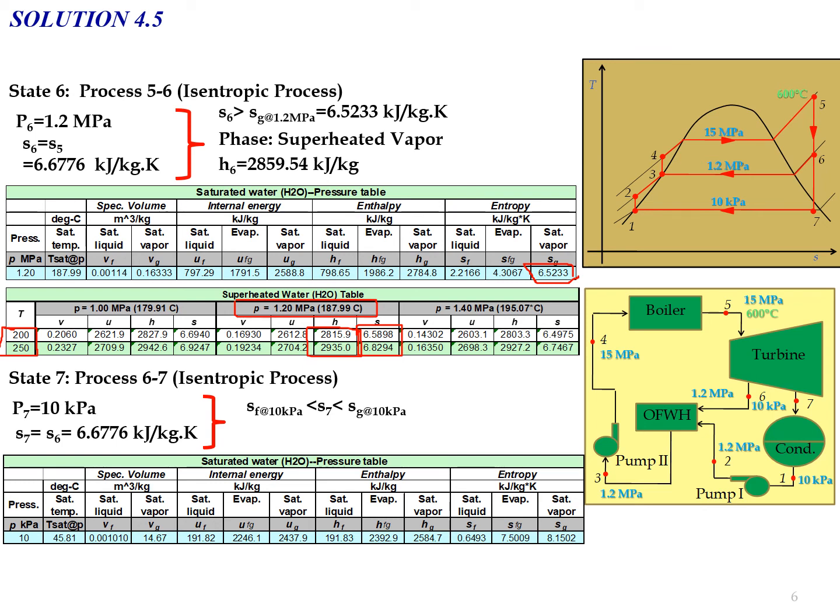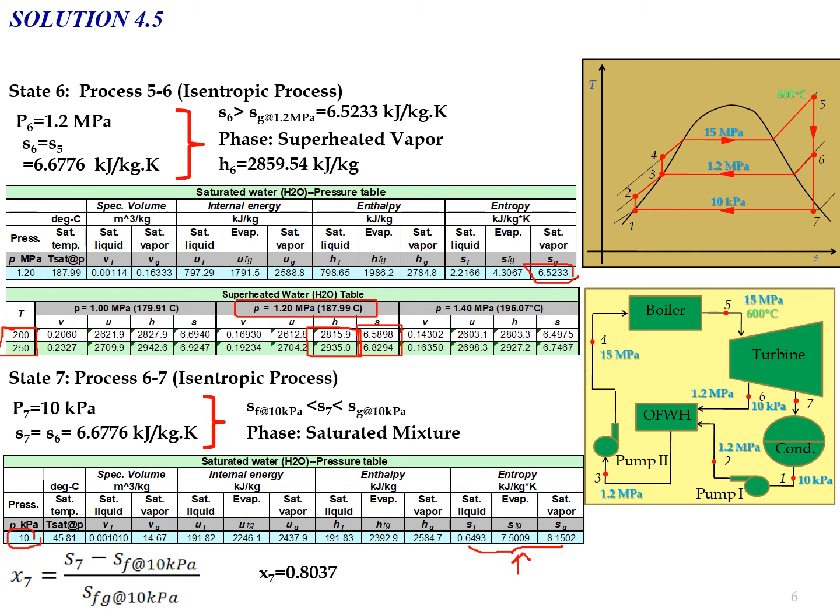So we look into the 10 kPa table first, and then the entropy value, which is somewhere in the middle between these two, so it is in the saturated mixture region. From this equation, we can calculate the x value, which is 0.8037, and we also can calculate the enthalpy at state 7. We already know the entropy at state 7, so we just need to calculate the enthalpy at state 7.